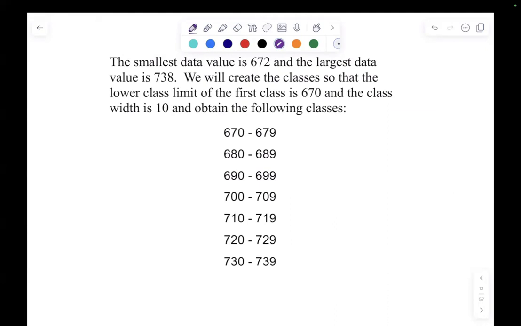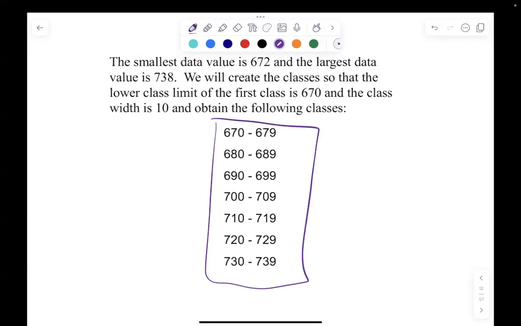Generally, I think it's between 5 and 20 bins is what we're looking for, and that number could be slightly off. 20 I feel is too big. I usually won't have more than 12. When I'm creating my classes, I usually will make my width be something so that I have somewhere between 5 and 12.